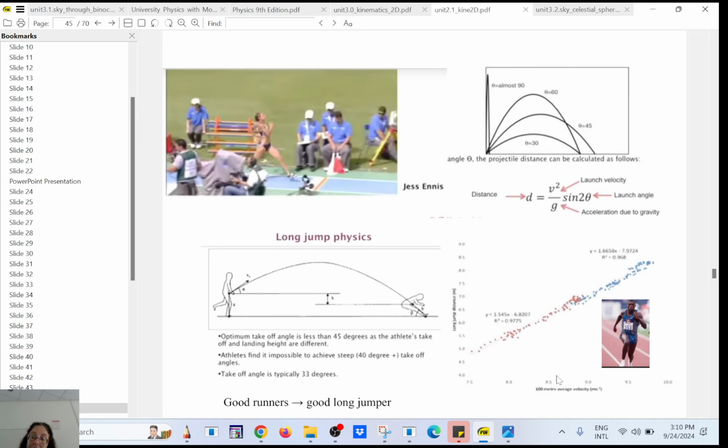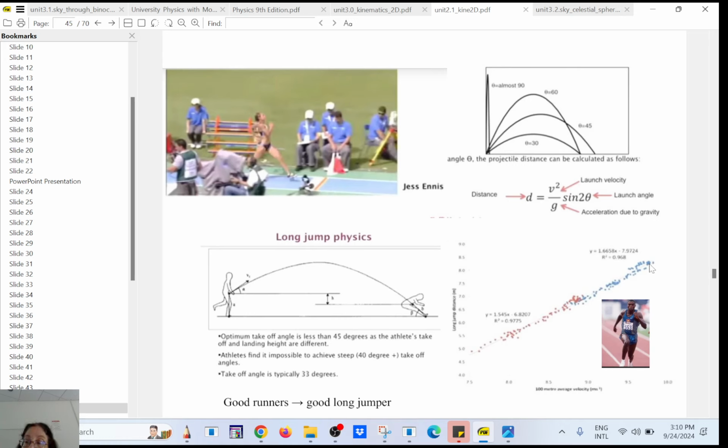So next, you see these are the athletes who did the long jump. And it's how far did they jump, from here to there, as a function of their initial velocity. So they have an initial velocity and the jump. And this is how far is the jump.